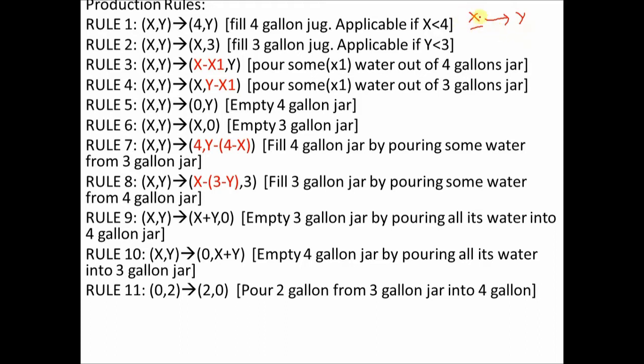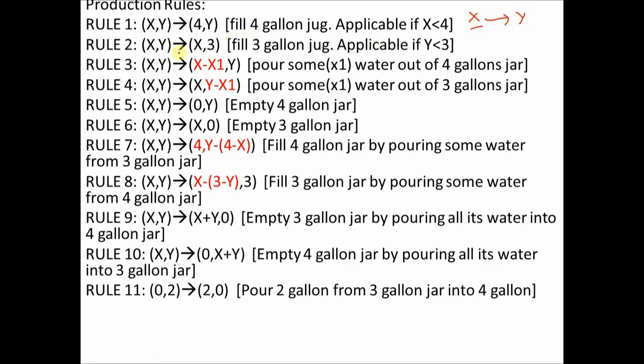So X is the state in which the system is present before the application of the rule, and Y is the new state in which the system will enter after the rule is applied. So X implies Y means from state X, after application of the rule we go to state Y.